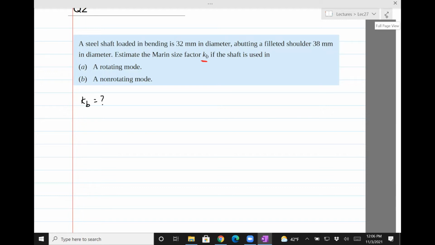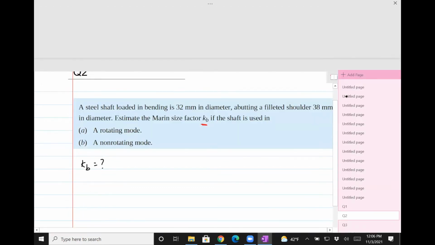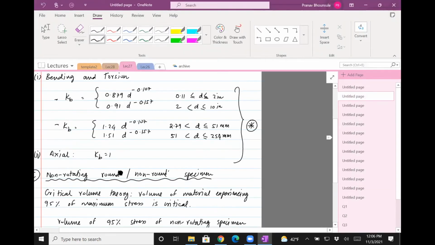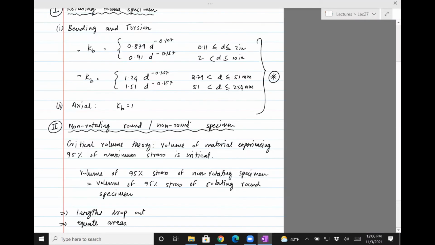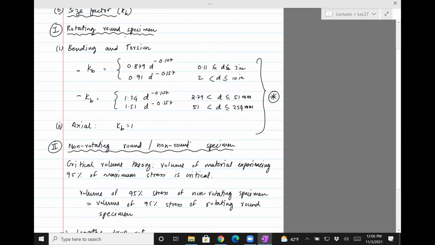So going back. If you see this, there's one set which is for rotating round specimen, and there's another set for non-rotating round or a non-round specimen. So here we're interested in rotating round specimen because we are given a diameter. So we need to use either this or this.